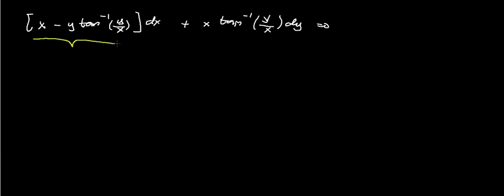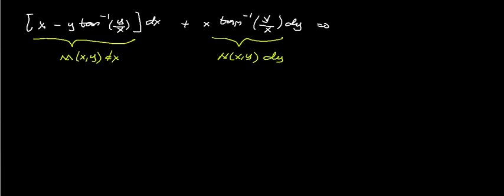So we have once again this form where M is a function of both x and y, and N is a function of x and y, with dy here. But as you can see, we cannot easily separate these y and x variables. So let's try the equations with homogeneous coefficients.